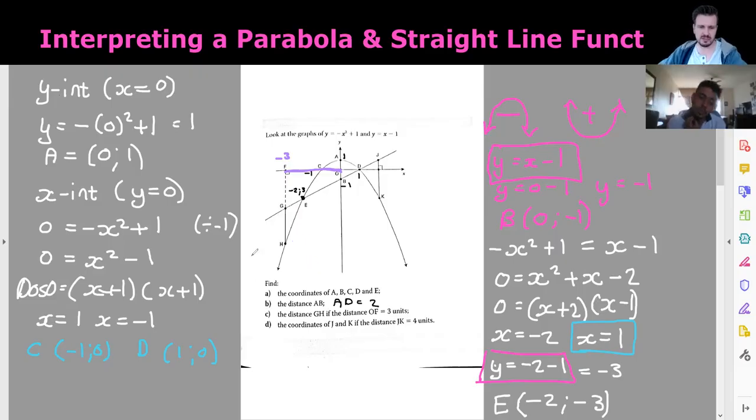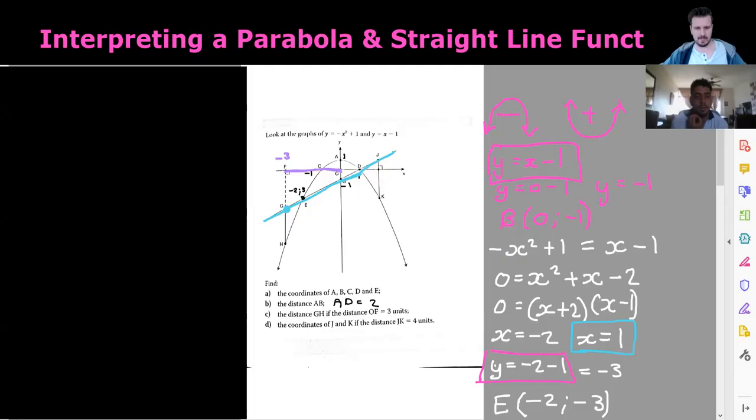If I sub in -3 into the straight line, because if we look at the straight line here, this one in blue, G, if I sub in -3 for X, I will find the Y value at G, which is what I want. So what I'm going to do now is make a bit of space and do C here.